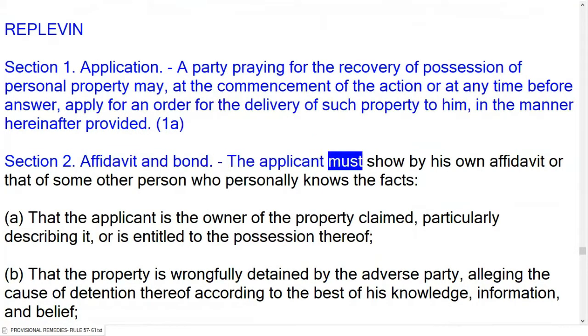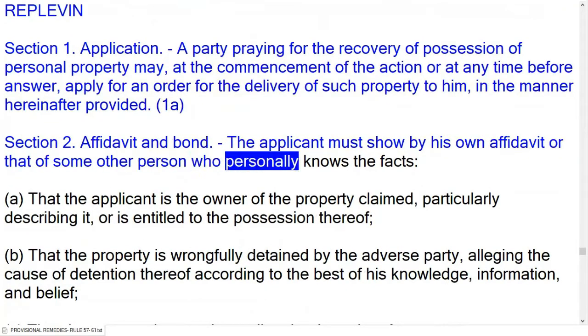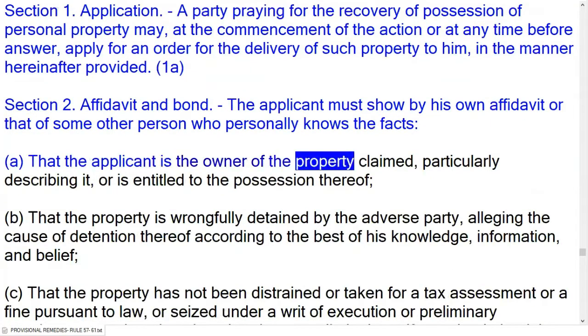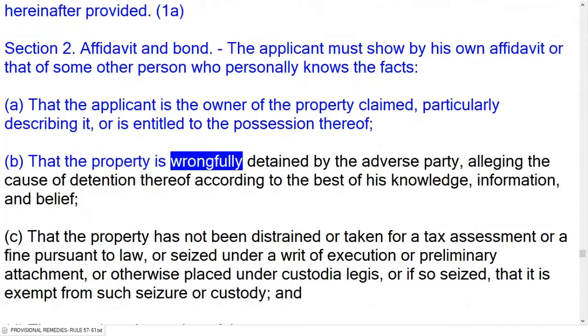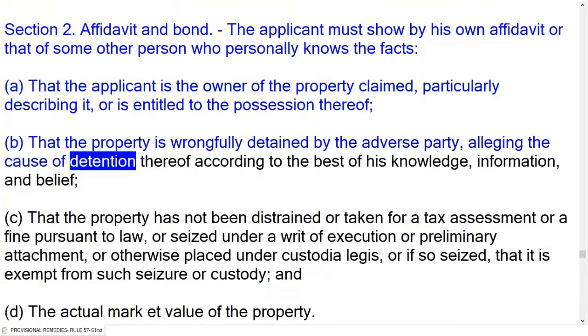The applicant must show by his own affidavit or that of some other person who personally knows the facts: A. That the applicant is the owner of the property claimed, particularly describing it, or is entitled to the possession thereof. B. That the property is wrongfully detained by the adverse party, alleging the cause of detention thereof according to the best of his knowledge, information, and belief.